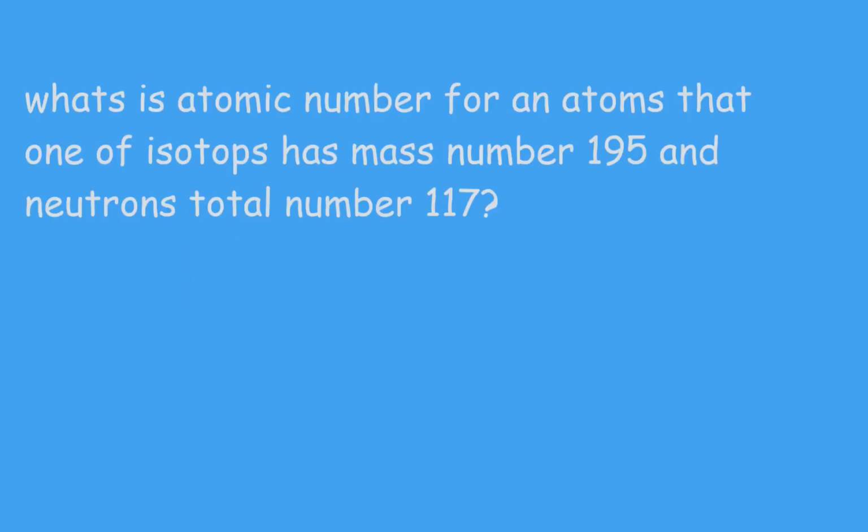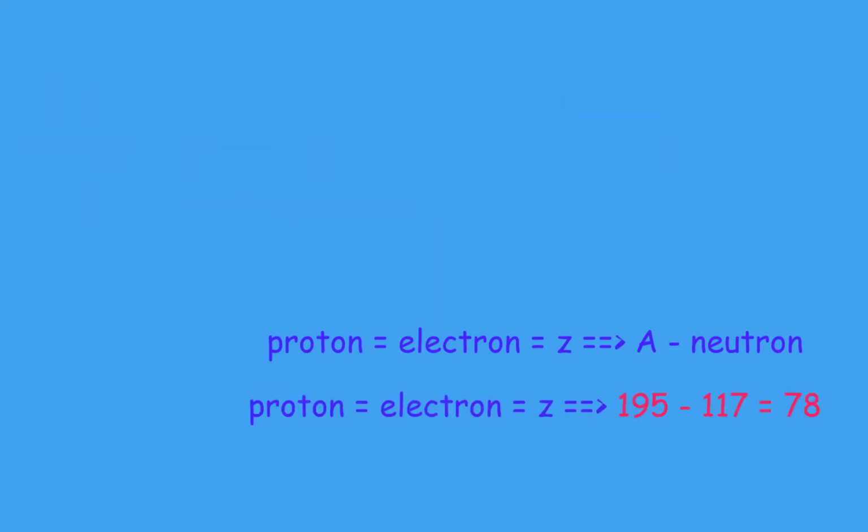Question: what is the atomic number of an atom for which one isotope has mass number 185 and neutron total number 117? The mass number is the proton and neutron total number. So from the mass number and the neutron total, we can find the proton total number.